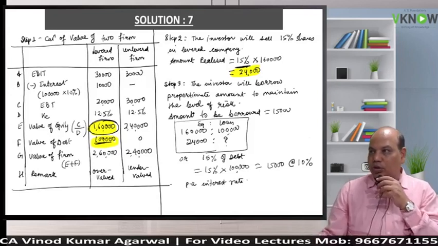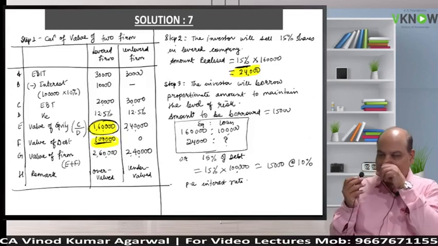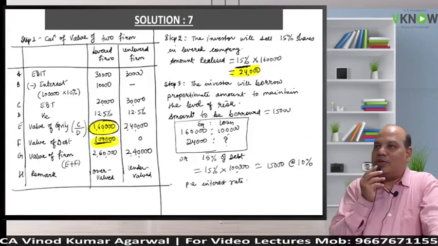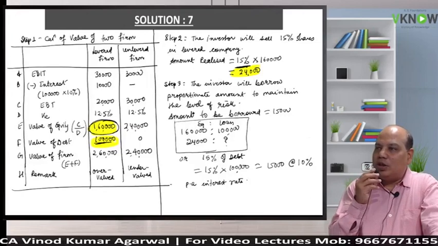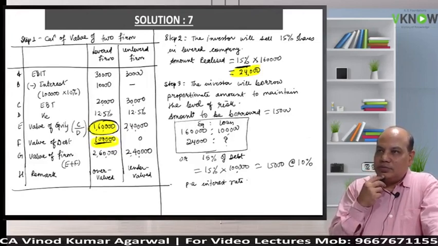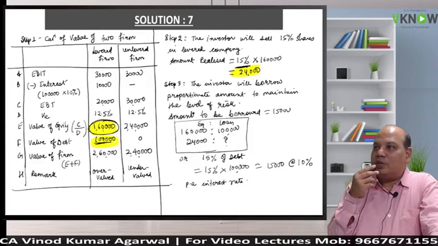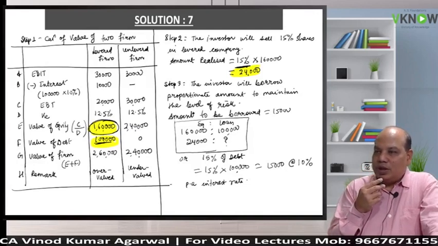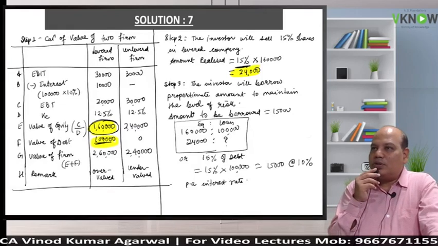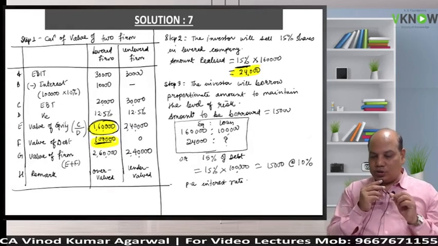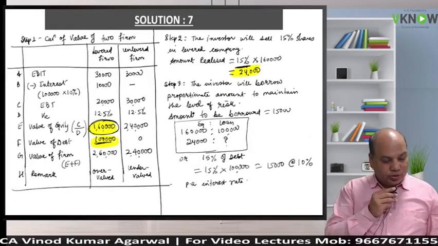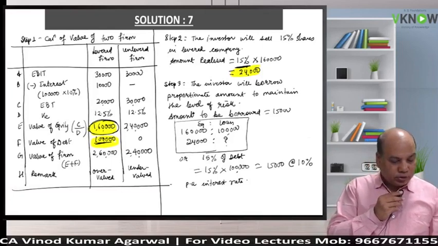He will borrow in his personal capacity. He will maintain the same debt equity ratio in his individual capacity which the firm is maintaining, and he will borrow at the same rate, because if he borrows at a higher rate he will not be able to earn additional profit, and if he does not maintain the same proportion, again he may not be able to earn the additional profit. So now the question was, how much would be the additional income.